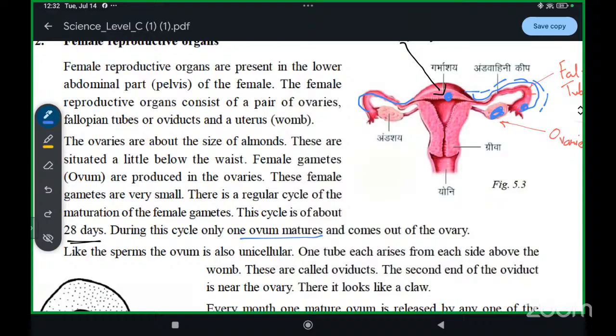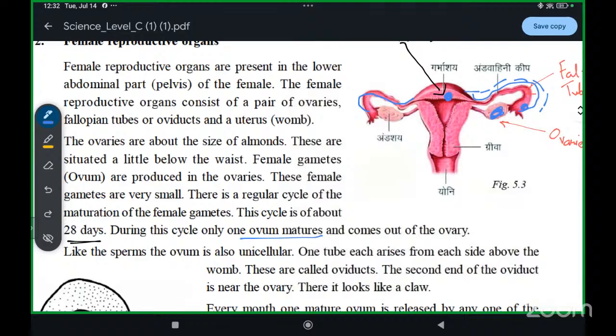Now, this egg waits for 28 days to see if reproduction will take place or not. If reproduction does not happen, this egg breaks itself down after 28 days and comes out of the woman's body in the form of periods.